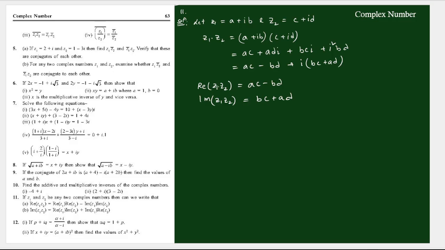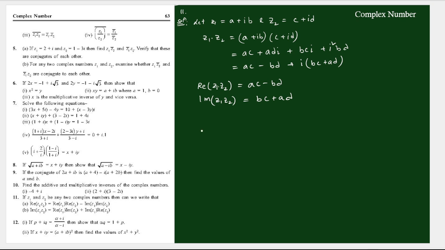Okay, then here it says that real part of z1. Okay, so z1 क्या है? On the right hand side we have what? Real part of z1. Real part of z1 is how much? a. Real part of z2 is how much? c.